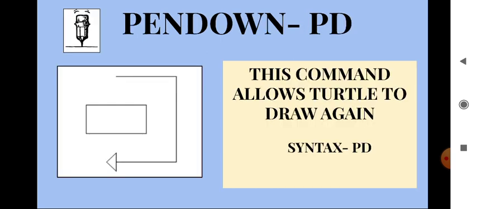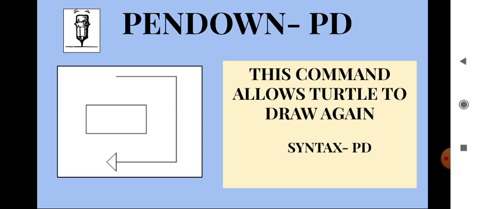Next command we have is pen down. This command puts the pen down and allows the turtle to draw again. So PU is to lift the pen up and PD is to put the pen down, and it will allow the turtle to draw again.